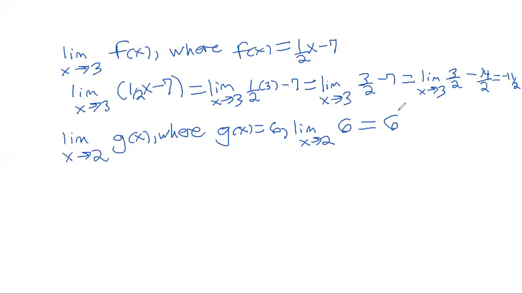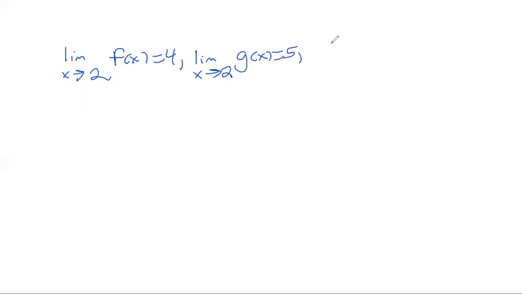And the next example, I'm going to clear this really quick because this next one is definitely going to take some room, is we're going to use limit laws. So suppose I have functions such that the limit as x approaches 2 for f of x equals 4, the limit as x approaches 2 for g of x equals 5, and the limit as x approaches 2 for h of x equals 6.